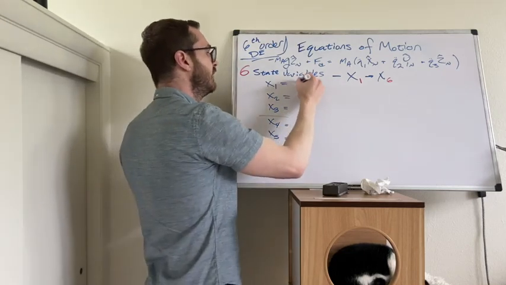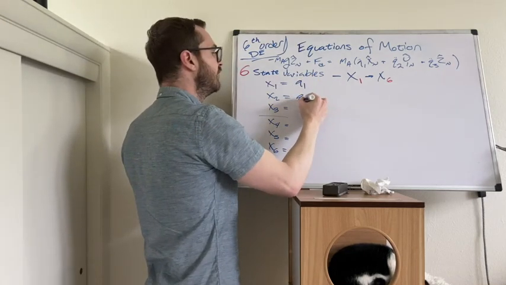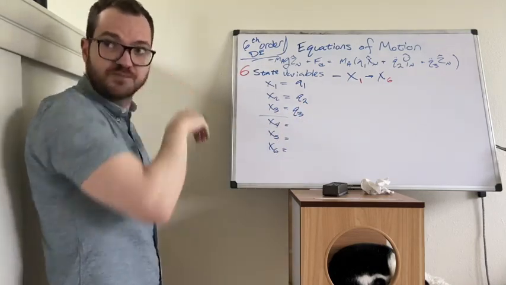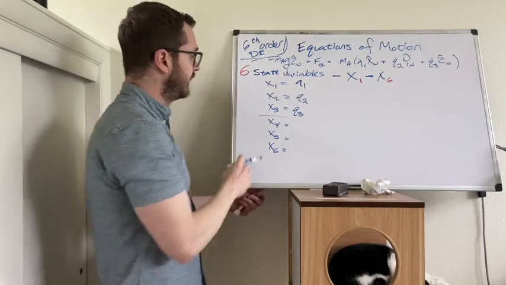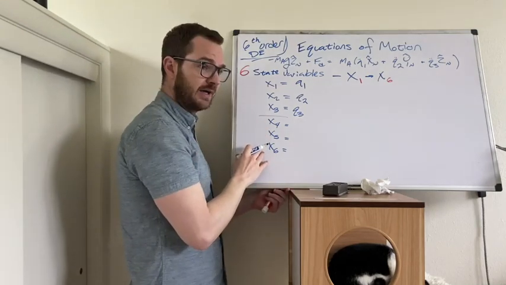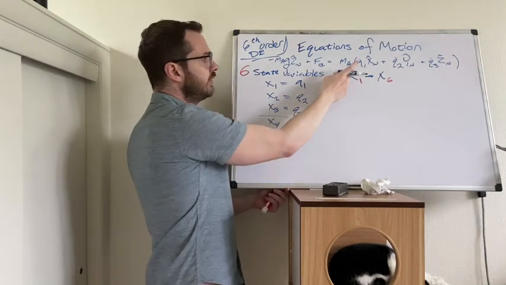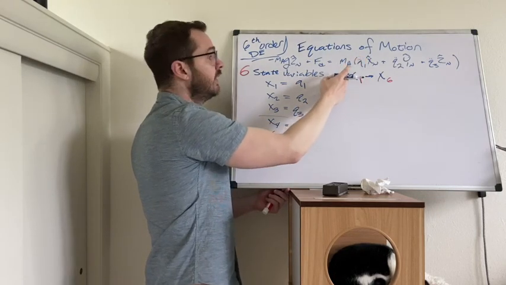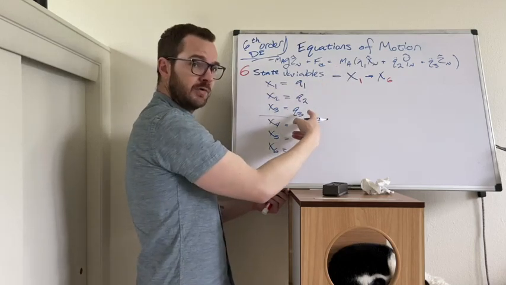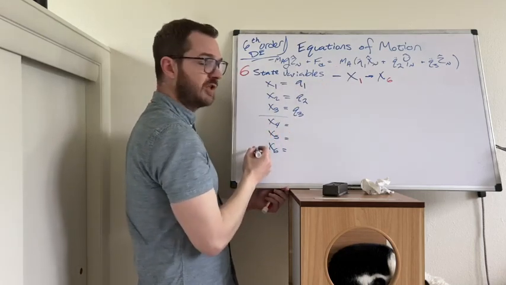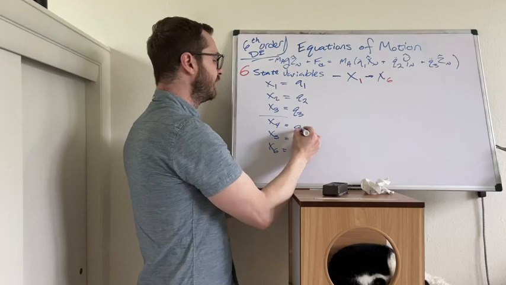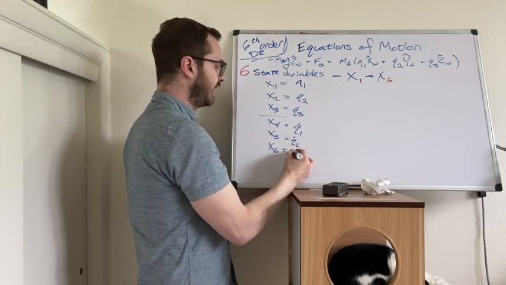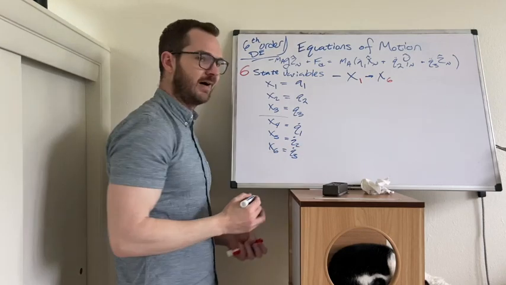So x1 is q1, x2 is q2, and x3 is q3. Next, what then are x4, x5, and x6? Notice we need to build up to q double dot, and right now it's just q. So let's make the next three state variables the derivatives of those first three: q1 dot, q2 dot, q3 dot.